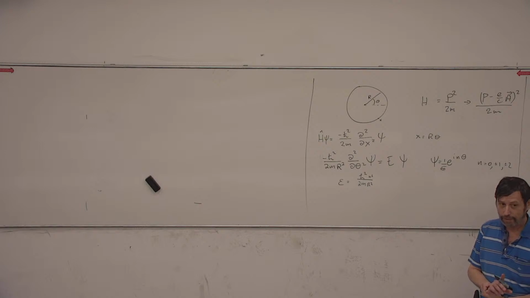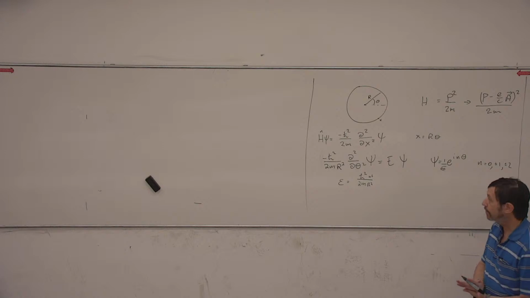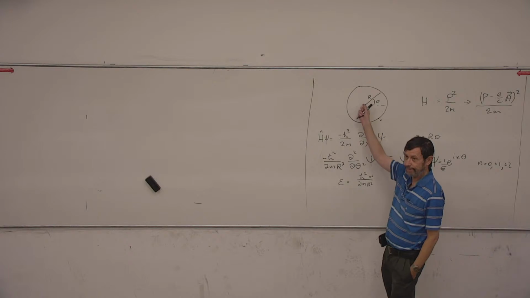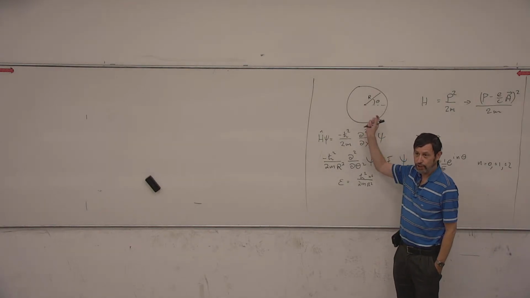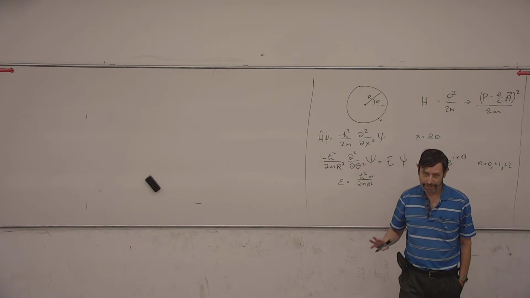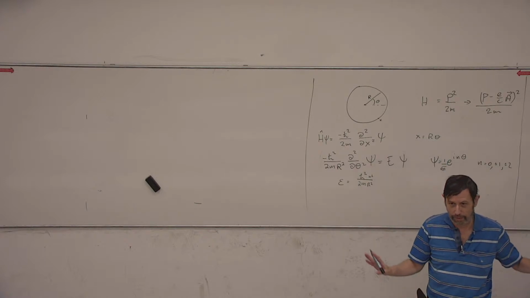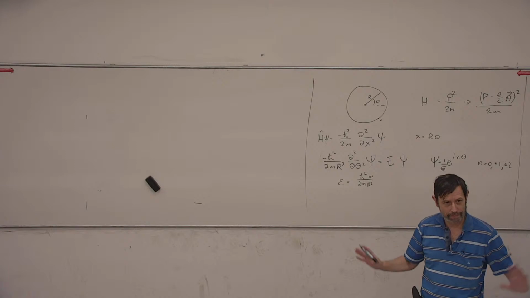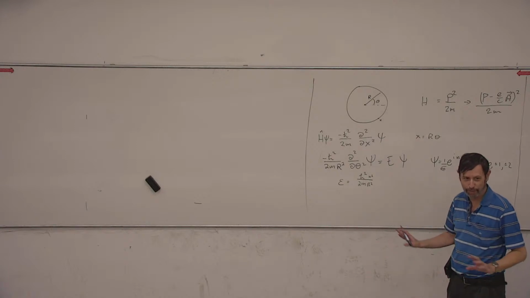People who are doing superconductivity love this problem, where the charge carrying entity is the Cooper pair, 2e. That's not what we are doing, but you could replace e with 2e.